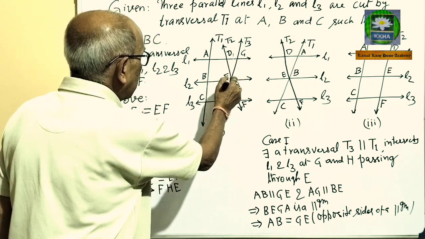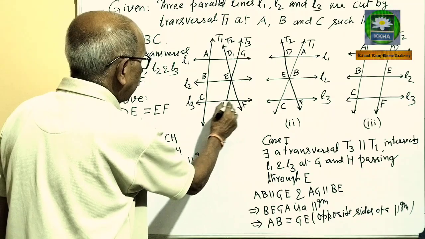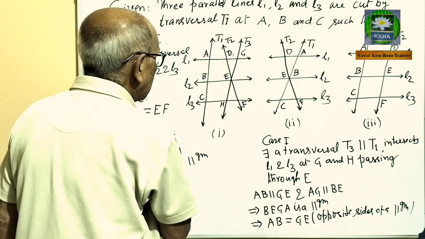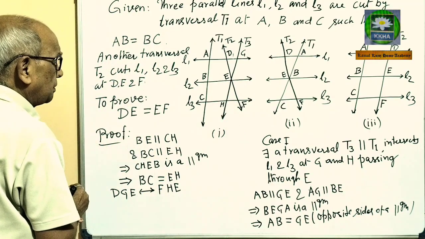Angle DGE will be equal to angle FHE, alternate interior angles.